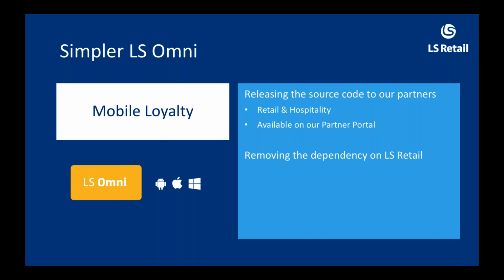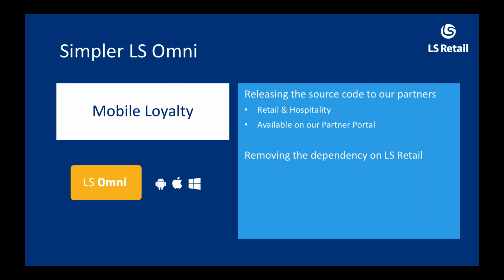I know quite a few of you have already either implemented our mobile loyalty solution or have been thinking about it, and I know I've discussed this with quite a few of you, and basically you have expressed concerns that the resources here at LS Retail don't possess the capability of all the throughput, meaning that I know some of you have been waiting for responses and deliverables from the LS Omni team while implementing mobile loyalty, because we are the only ones that could do that.